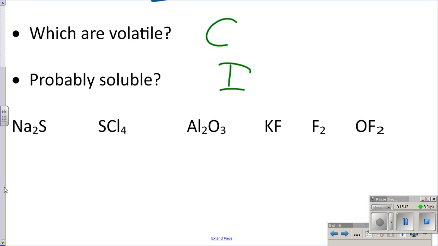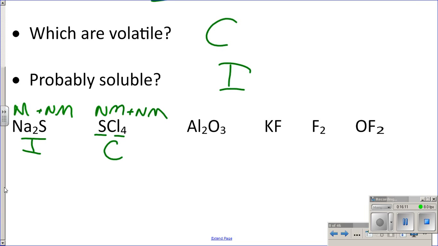What kind of compound is this? How do you know? Because it's a metal. If you see a metal, you automatically say ionic, okay? This one? How do you know it's covalent? Right, so this is a metal and a non-metal. This is a non-metal and a non-metal, because sulfur and chlorine are in the upper right-hand corner. This one?